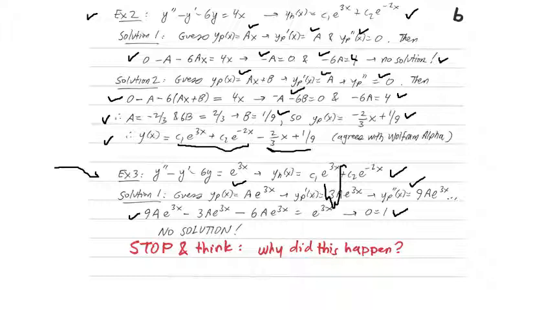Maybe look in the book if you get stuck, if you need an idea about why this happened. I will discuss why this happened with this example and what we can do about it in the next video, but I highly recommend you spend some time thinking about that on your own first before you go on to the next video.